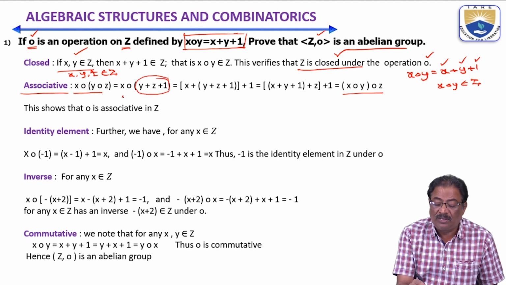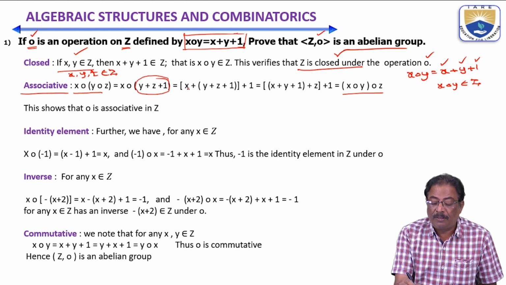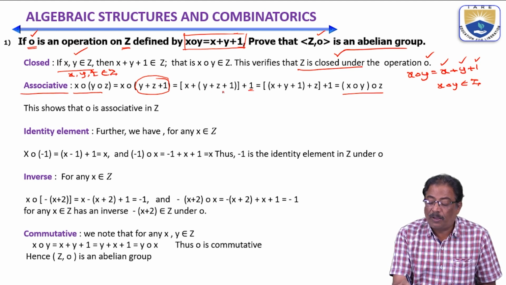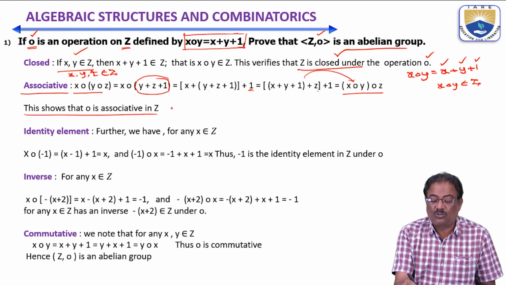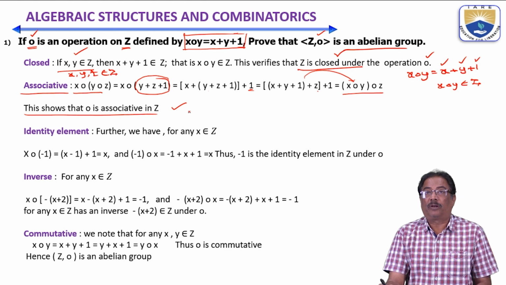So x circle y is x plus y plus 1, and then circle z gives x plus y plus 1 plus z, and that can be written like this. So this shows it is satisfying the associative property.